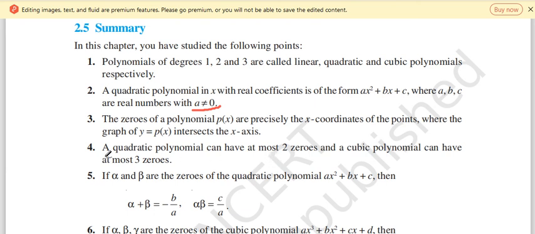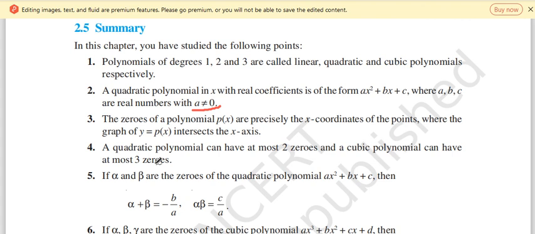A quadratic polynomial can have at most 2 zeros, and a cubic polynomial can have at most 3 zeros. At most means maximum. A quadratic polynomial has a maximum of 2 zeros. There can be none, 1 zero or 2 zeros, not more than 2 zeros.